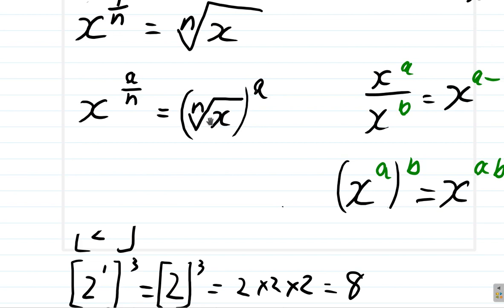So you find the nth root of x, and after that you raise to the a. But you could also have found x to the power of a first, and then find the nth root of all of that. But when you're using numbers, it's better to find the root first because you're dealing with smaller numbers that way.